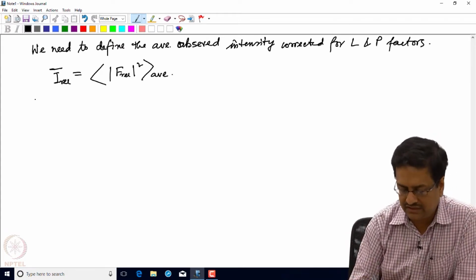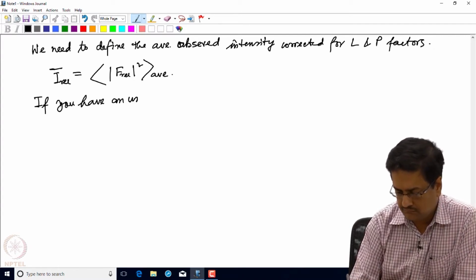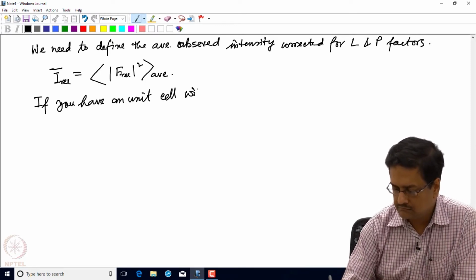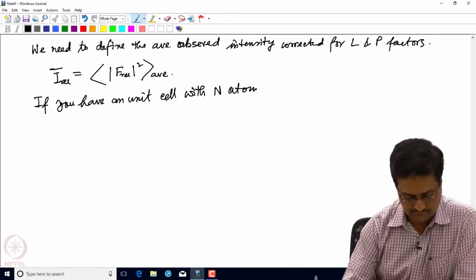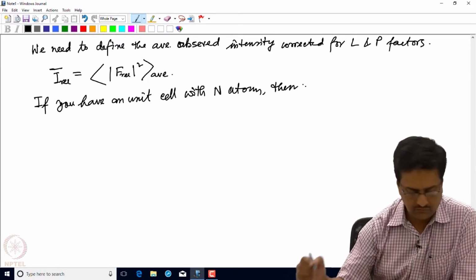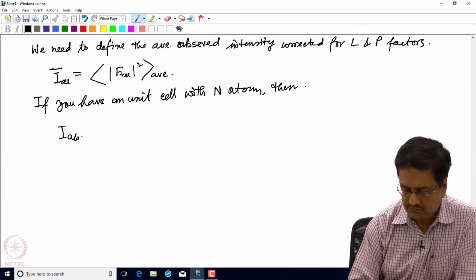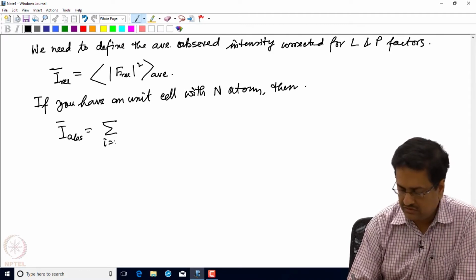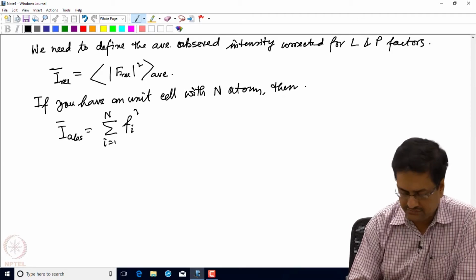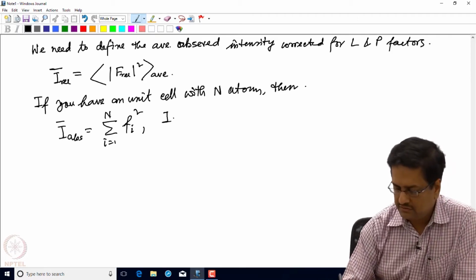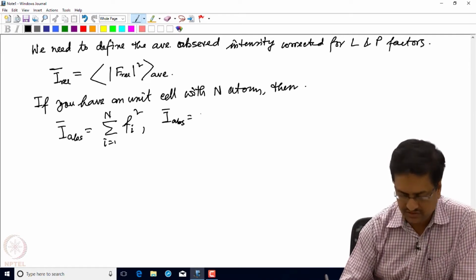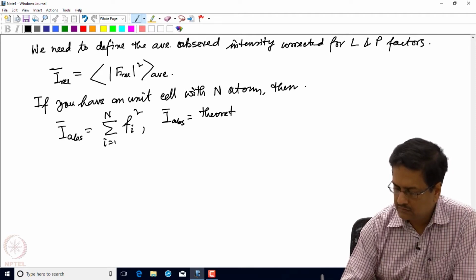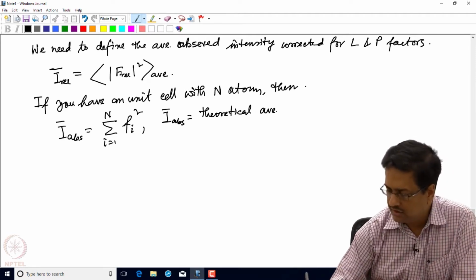So if you have a unit cell with n atoms, then we can show that I absolute is equal to the sum over i equal to 1 to n of Fi square, where this is the theoretical average intensity.